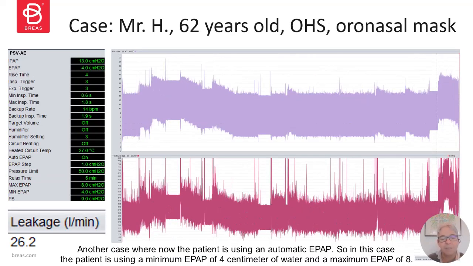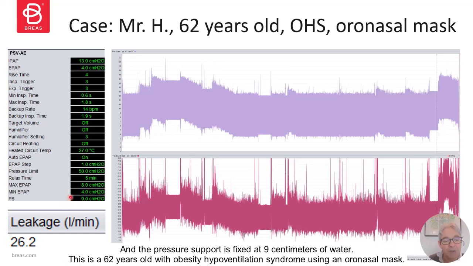Another case where now the patient is using an automatic EPAP. So in this case, the patient is using a minimum EPAP of 4 centimeters of water and a maximum EPAP of 8, and the pressure support is fixed at 9 centimeters of water.